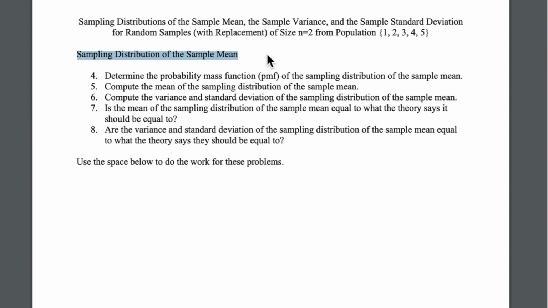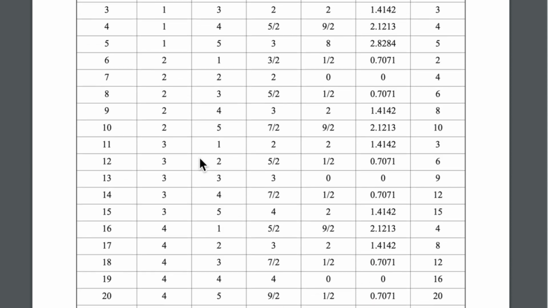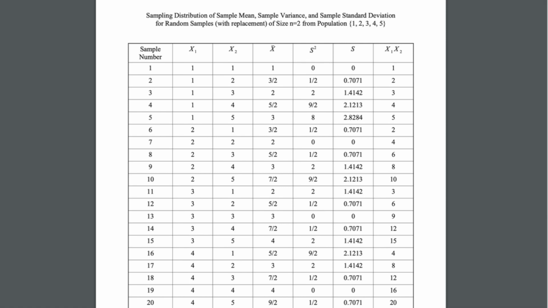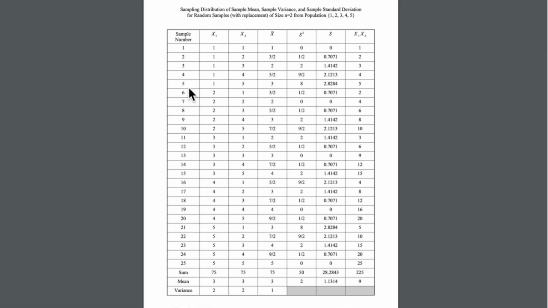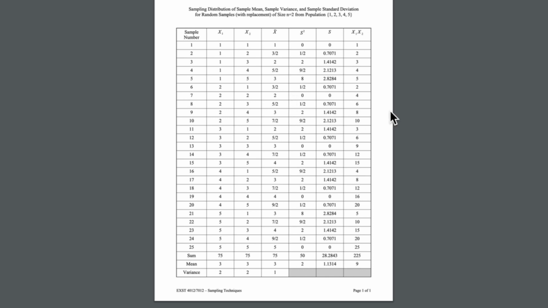Keeping in mind that there are 25 possible samples, you'll recall that I had this template. Let me decrease the size here a little bit. I had this template that I put out there on Moodle to help you organize your work.